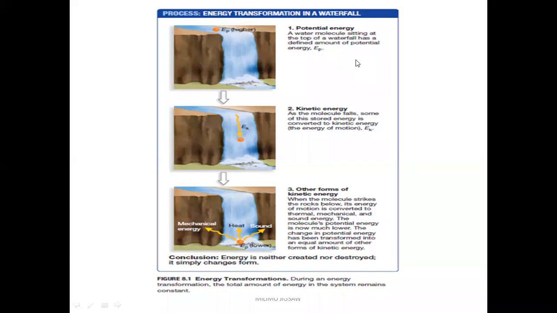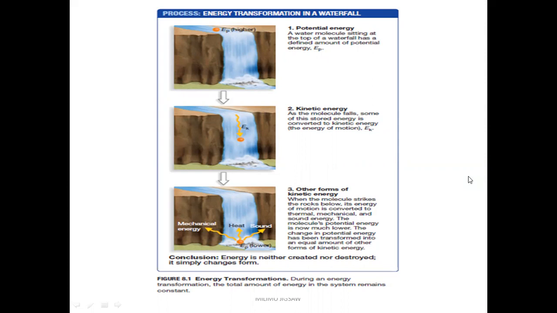As the water molecule strikes the rocks below, its kinetic energy is converted to thermal and mechanical energy, and you can also hear the sound of the water dropping, so it's converted to sound energy.